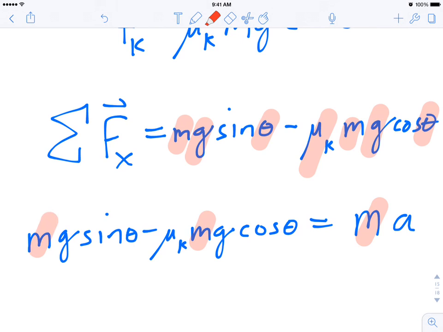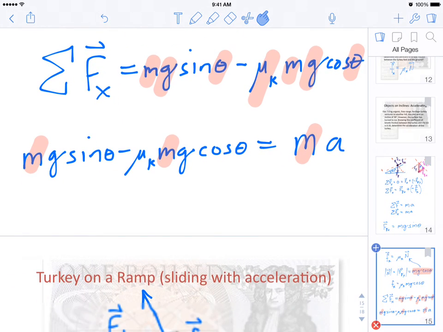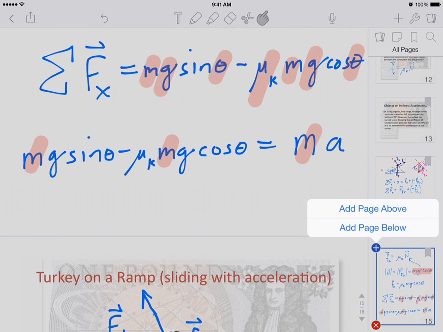Our masses, which we find in each term, are going to cancel out with each other, and we're able to solve for the acceleration without having a value for the mass, which should make sense to you because we know from previous units that the mass of the object should not affect the acceleration it experiences due to gravity.